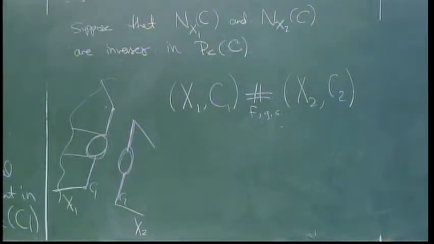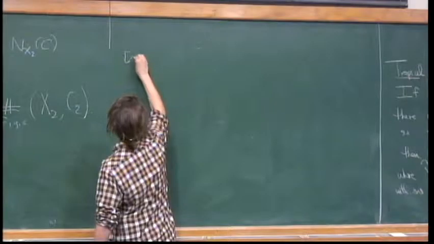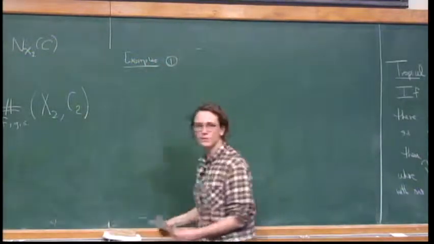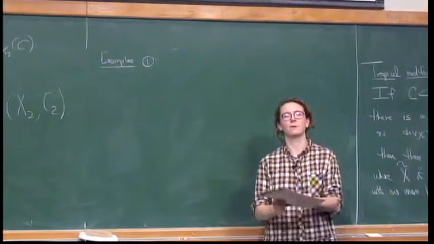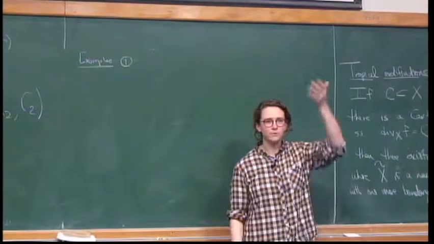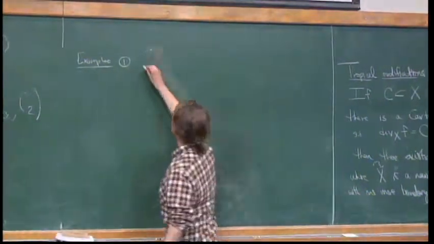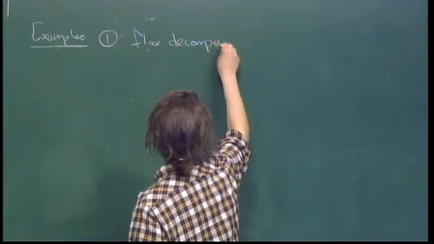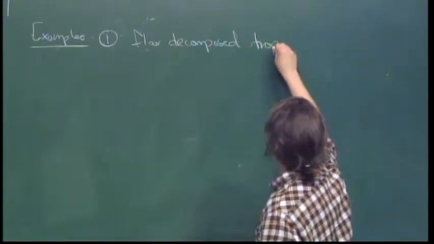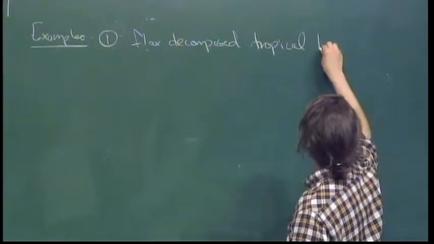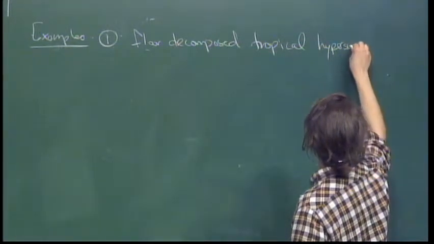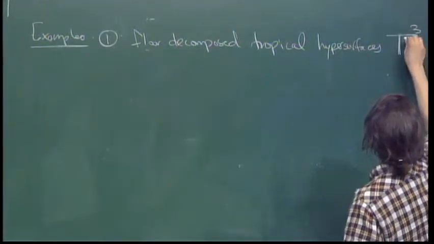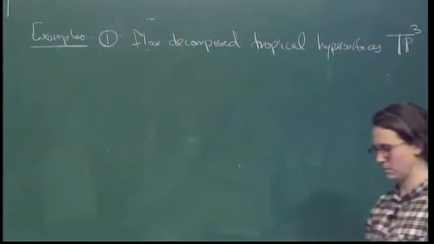Okay, so just quickly some examples. We saw floor decomposed curves. You can talk about floor decomposed tropical hypersurfaces. And these are just examples of sums, in TP3 or R3, it doesn't really matter.